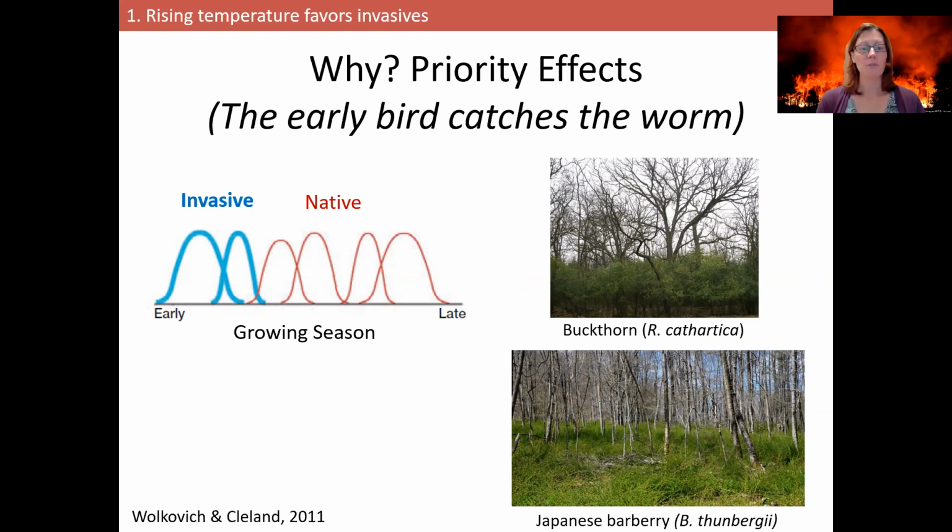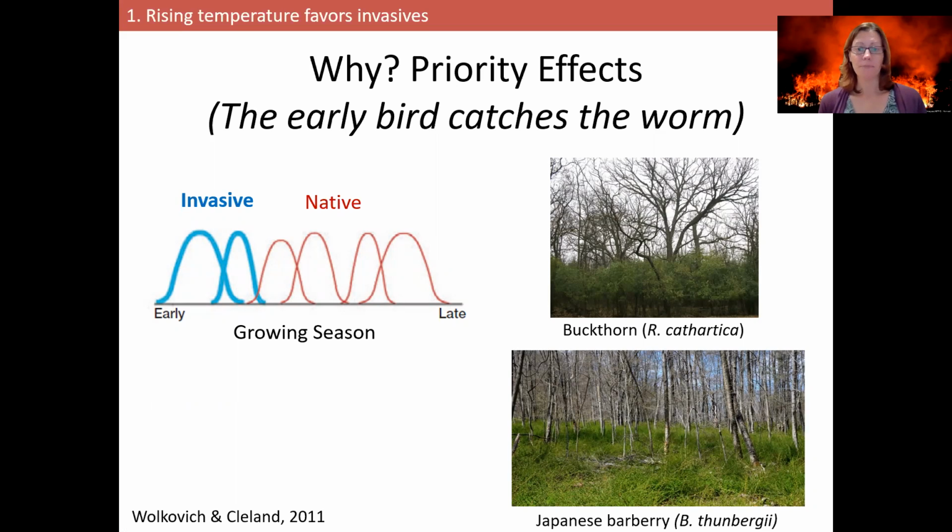So if you're the first to arrive, this is not just for invasive species, but if you're the first to leaf out in the season and there's no frost that comes along and kills you, then you've got lots of sunlight, you have all that water from the springtime, you've got all the soil nutrients to hoard yourself.